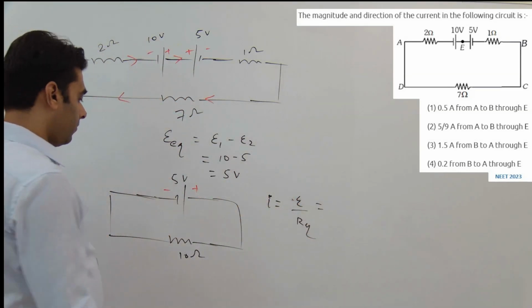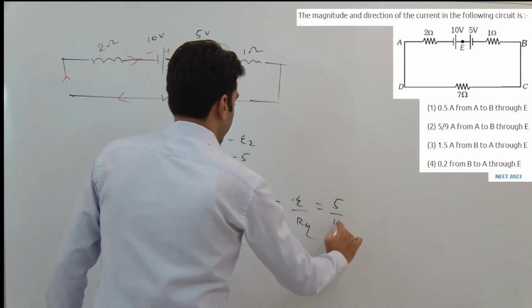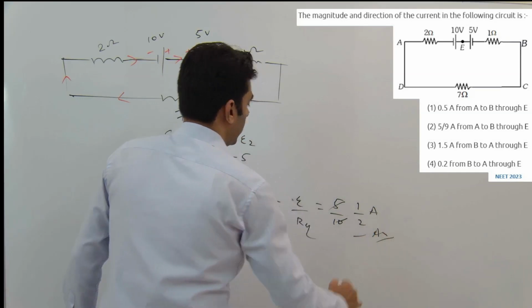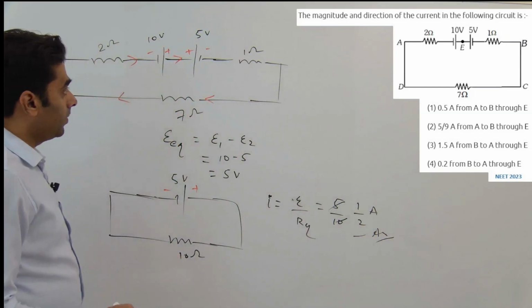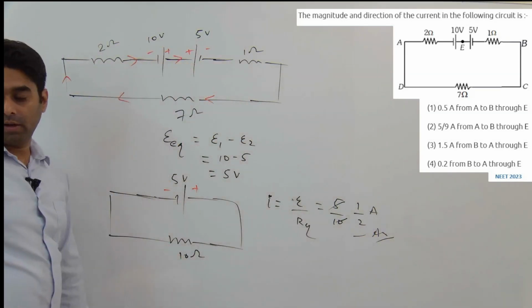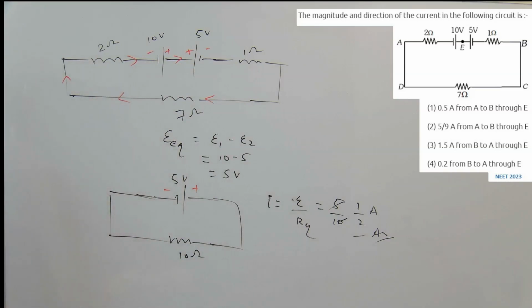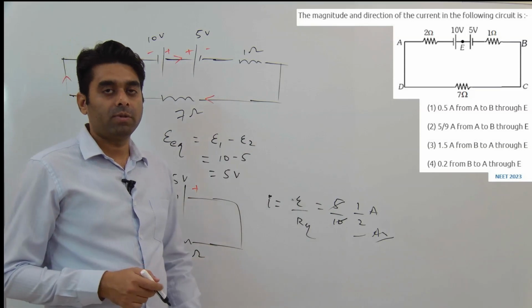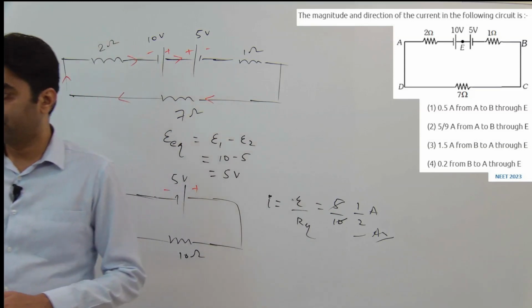So 5 by 10, that implies 1 by 2 ampere, in this direction. And in the options, option number 1 is 0.5, 1 by 2, 0.5 ampere. So option number 1 is our correct answer.